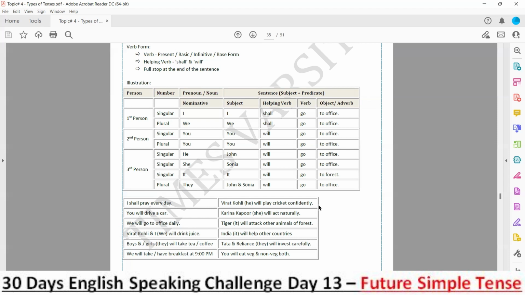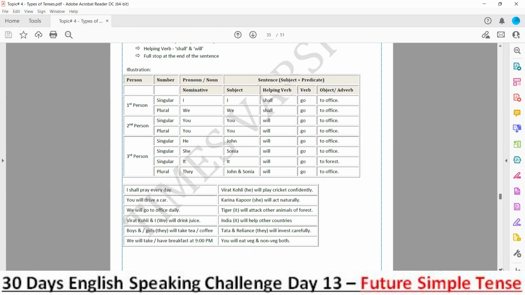He scored a half century, so his confidence level is up. So for the next match, which will be played soon, we can predict that Virat Kohli will play cricket confidently. It's all about future, what we will do. Similarly, I shall pray every day. So, any volunteer to read and translate?